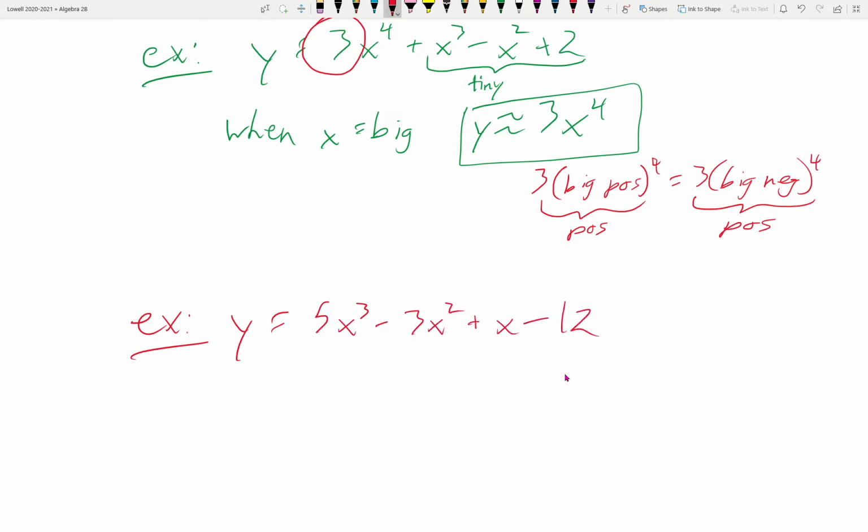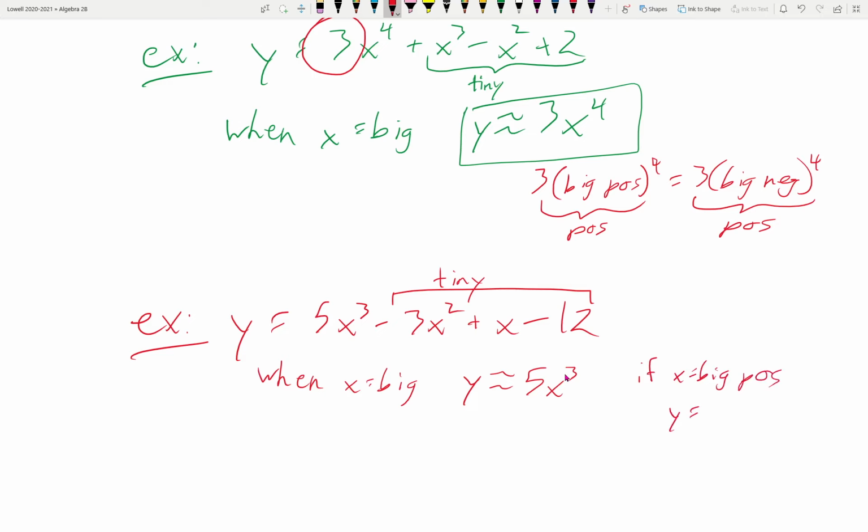Pretend. Again, when x is big, we are essentially looking at this function, because again, these trailing terms are tiny compared to the leading term. Therefore, if x is a big positive, then y itself is a big positive as well.